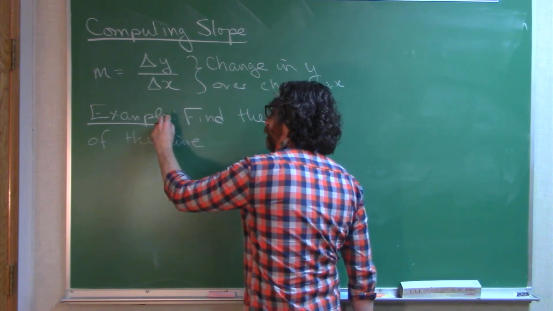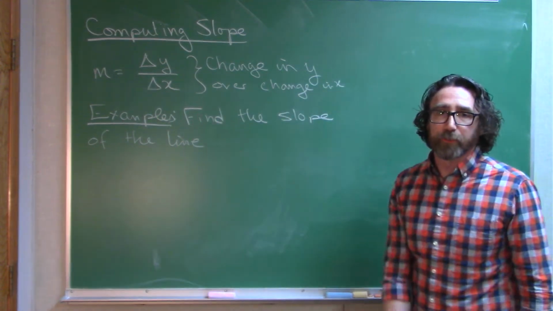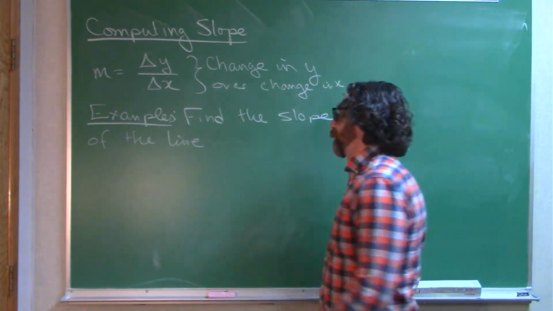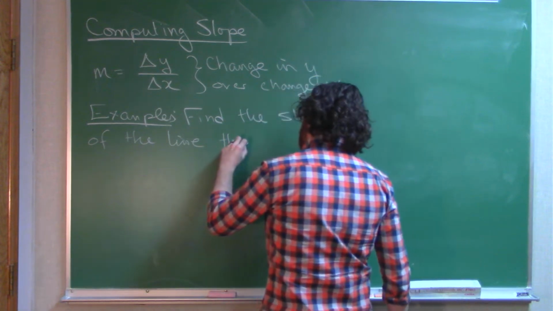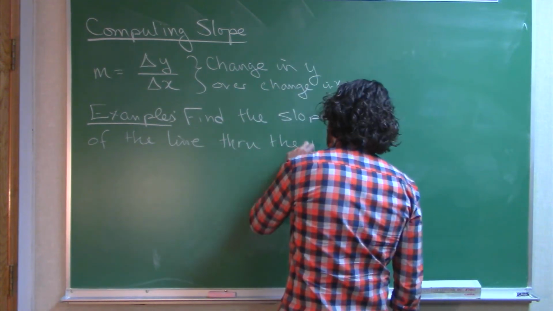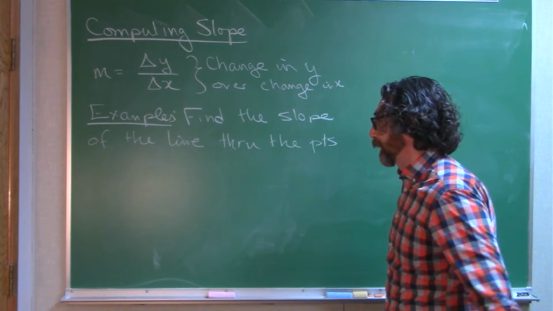So we'll do several examples here, and in each of these examples we will find the slope of the line through the points.